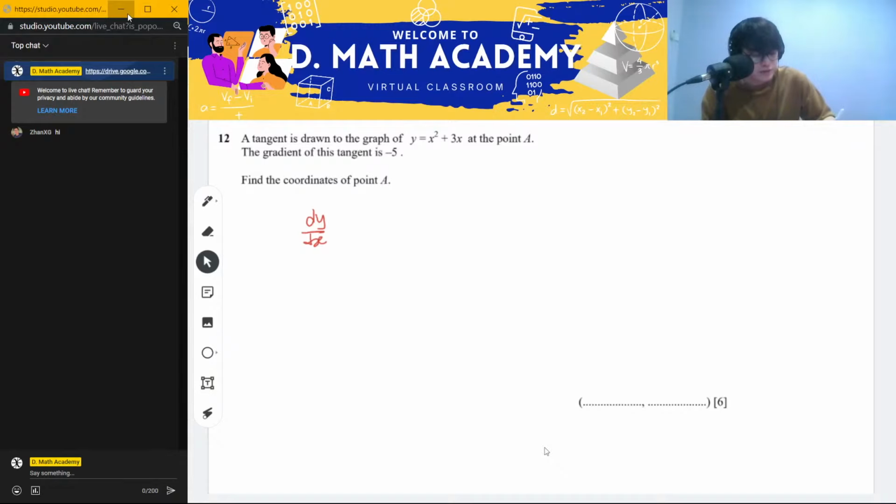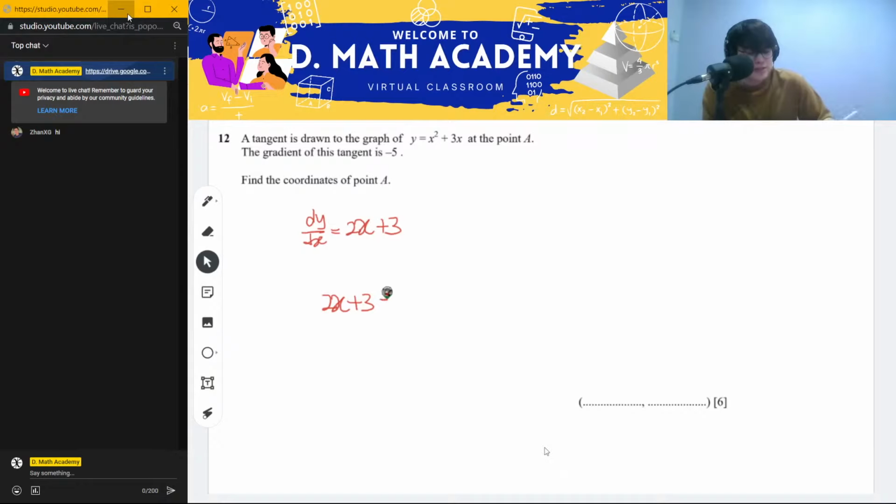I will end up with 2x plus 3. And this 2x plus 3 is my gradient function. Remember, other than derivative, your dy dx is also known as your gradient function.